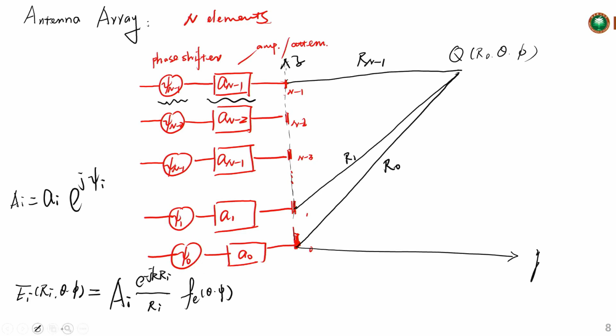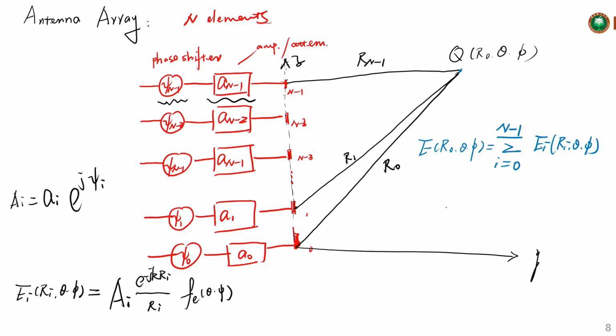So we want to get the total or the final beam pattern. We should calculate E of R node, theta, phi, equals the sum of all these components. Alright, i equals 0 to capital N minus 1. We add them together at this point.